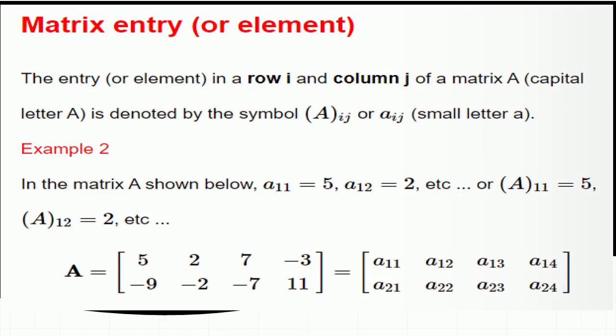And minus 3 is first row, fourth column, that's why it's A14. And then the minus 9 is on the second row, first column. Minus 2 is second row, second column. Minus 7 is second row, third column. And 11 is second row, fourth column.